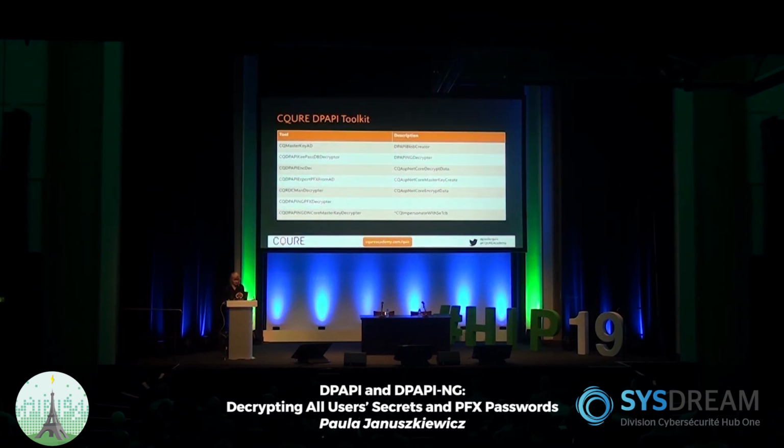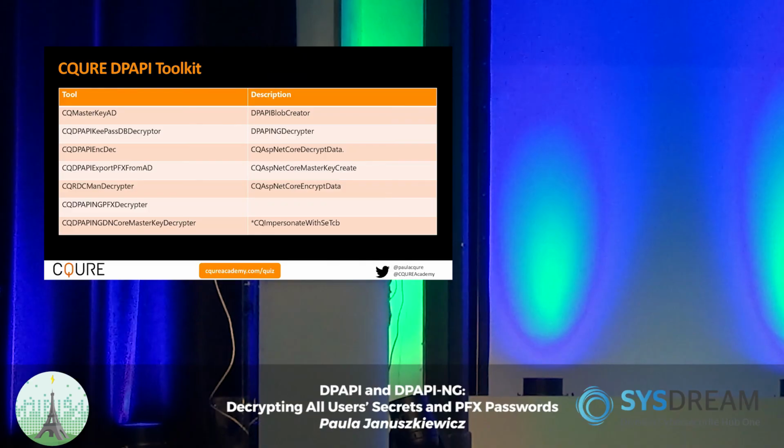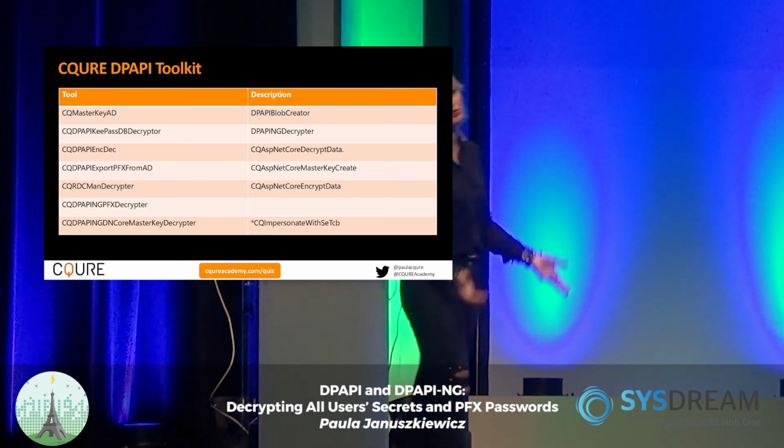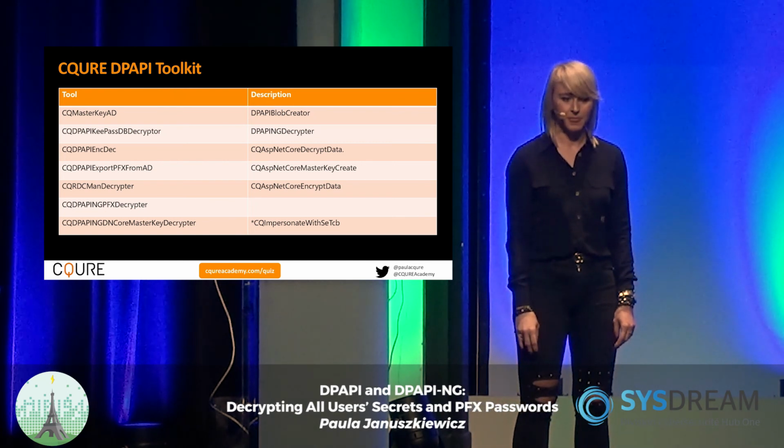So with this positive accent, guys, just to give you the summary, this is our DPAPI toolkit. If you want to have access to the toolkit, you just need to get into our blog. This is where we share our tools.